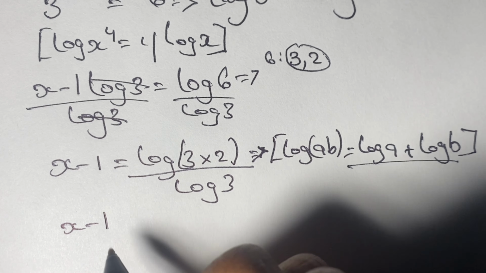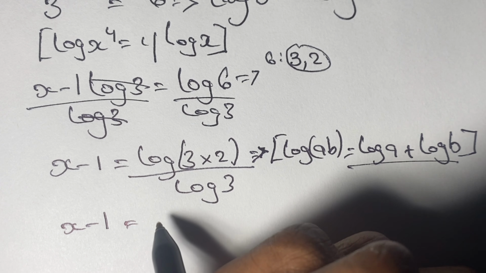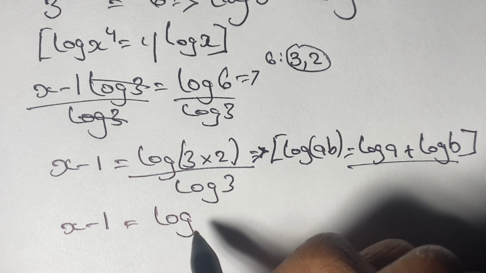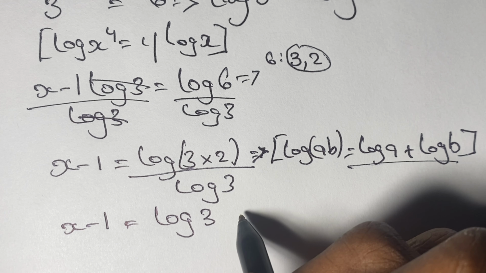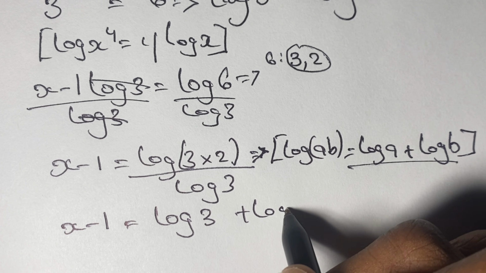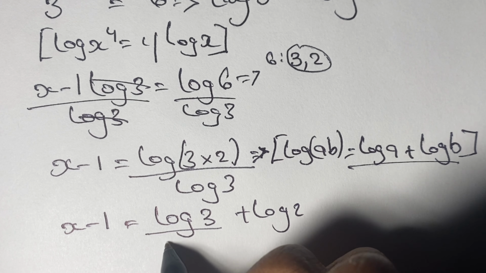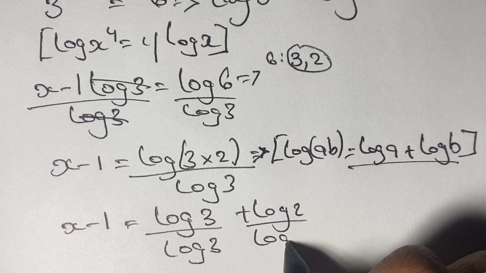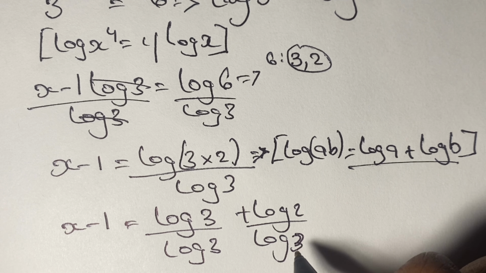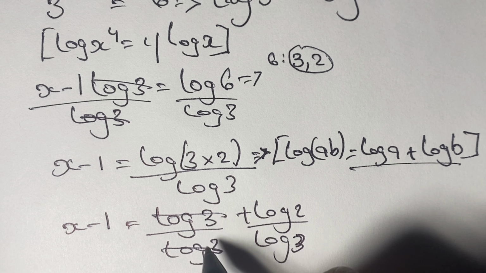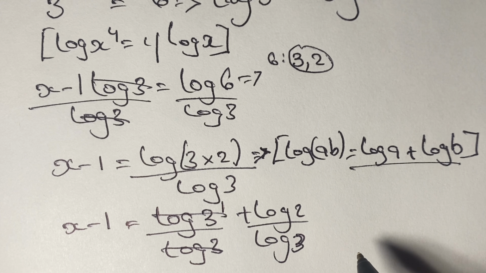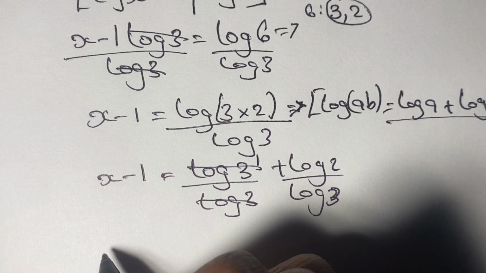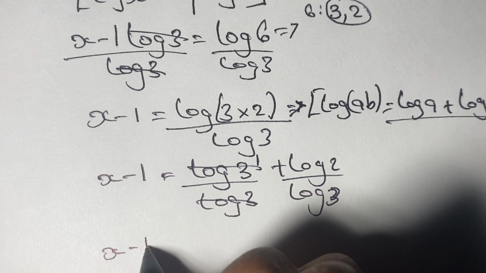That means we would have x minus 1 is equal to log a, so log 3, as we say log a plus log b, so we'll have log 3 plus log 2. And since it's all over log 3, we put log 3 over log 3 and also log 2 over log 3. And log 3 over log 3 is a whole, so this would be 1 plus log 2 over log 3.